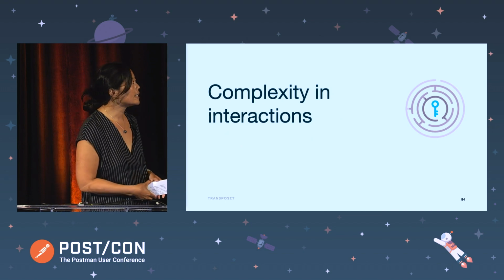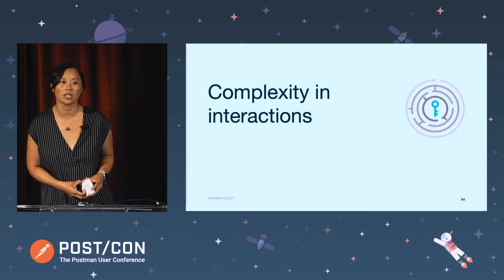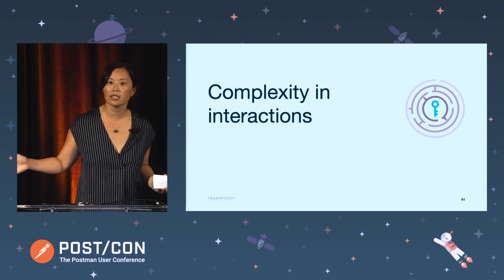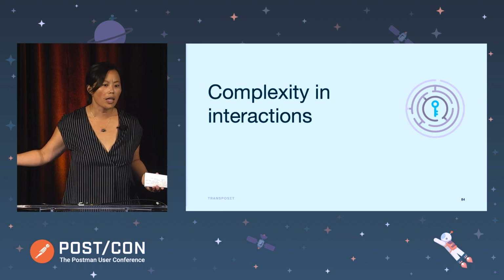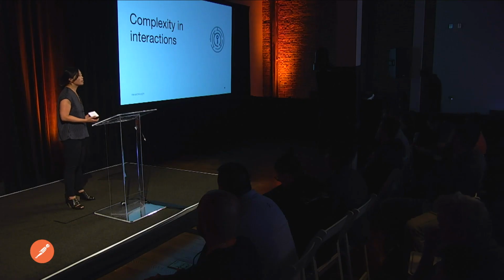But this complexity is way worse than just the complexity within a single application. That's because we're talking about the complexity of interactions between applications that all have to communicate over the network. And that effectively means that all application developers in this new API ecosystem have to have some understanding of not just distributed systems, but also security.